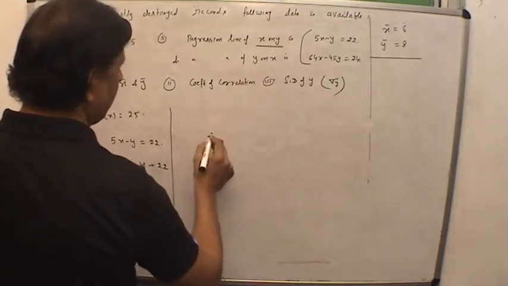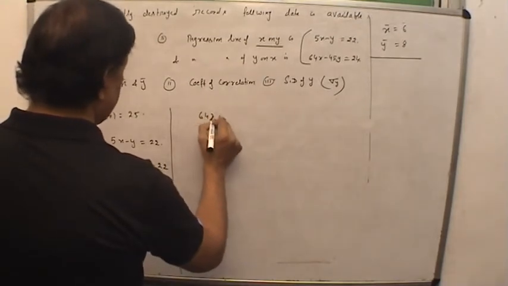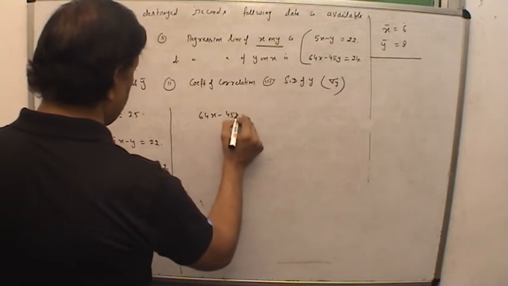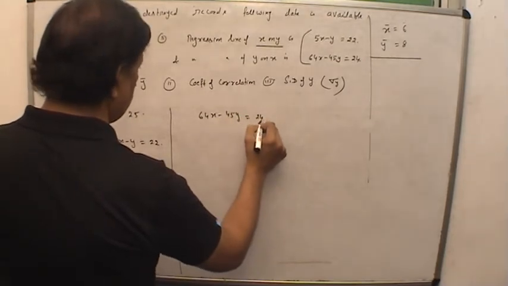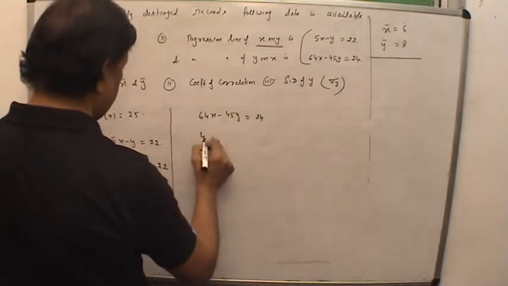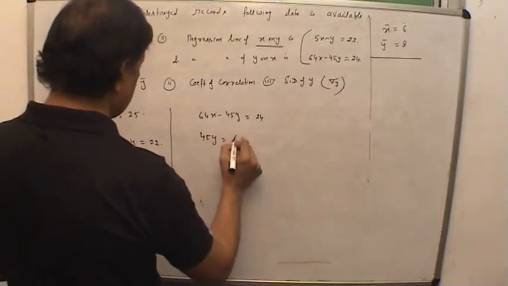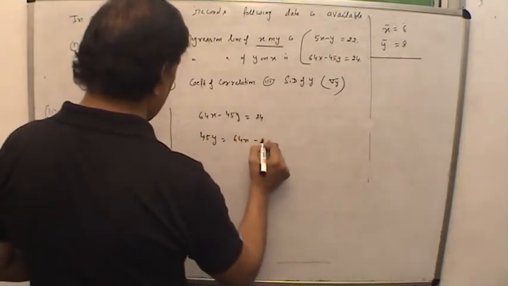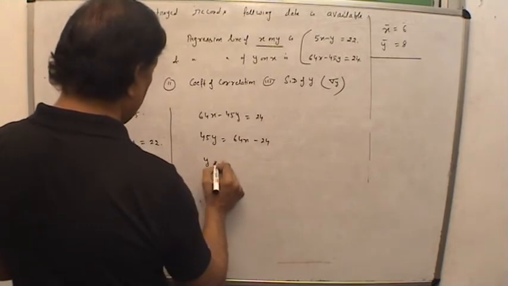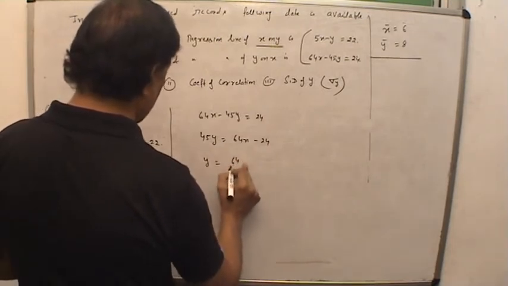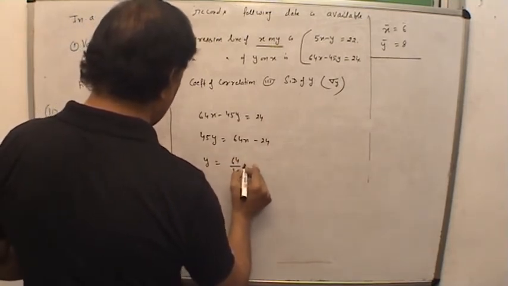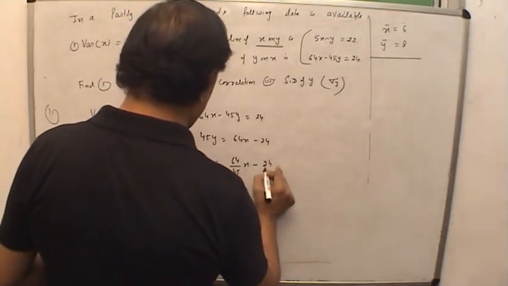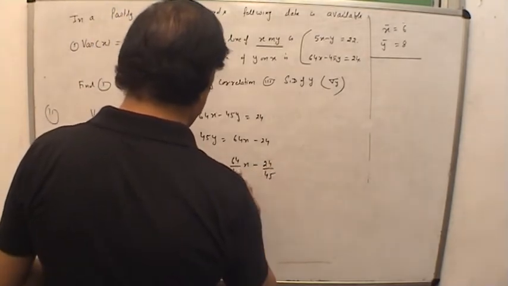Now the second line, y on x, is 64x minus 45y is equal to 24, or we can write 45y is equal to 64x minus 24, and y is equal to 64 divided by 45 x minus 24 upon 45.